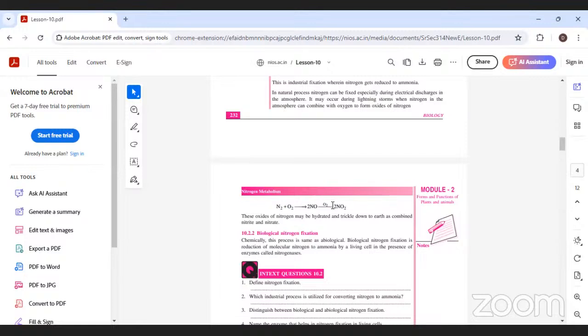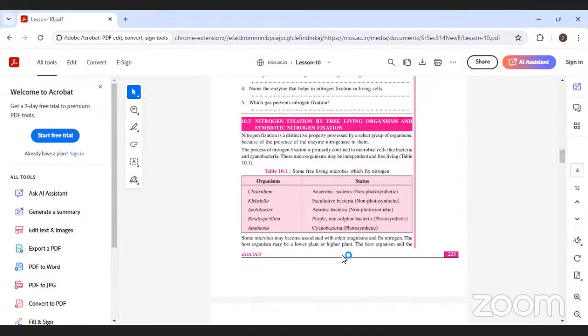Next is biological nitrogen fixation. Chemically this process is the same as the abiological process. Biological nitrogen fixation is the reduction of molecular nitrogen to ammonia by living cells in the presence of an enzyme called the nitrogenase enzyme.